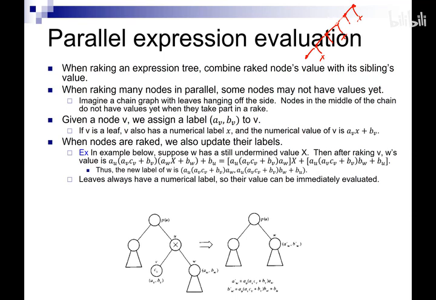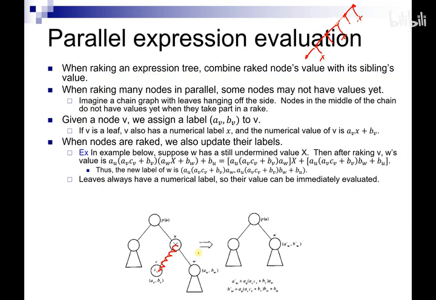In this example, suppose that you're raking a node. We're actually going to rake this node V over here, which means we're going to get rid of these nodes over here.